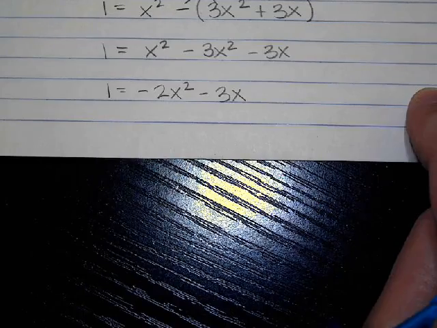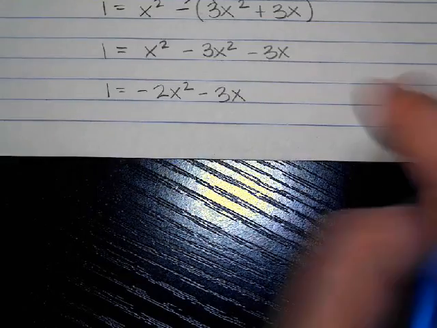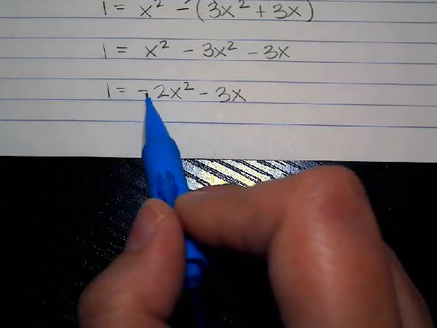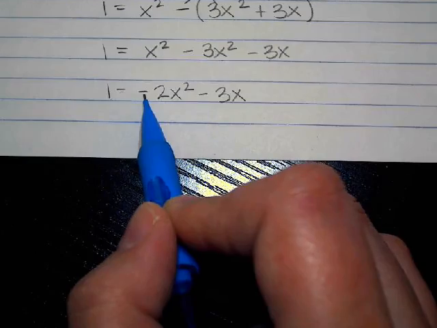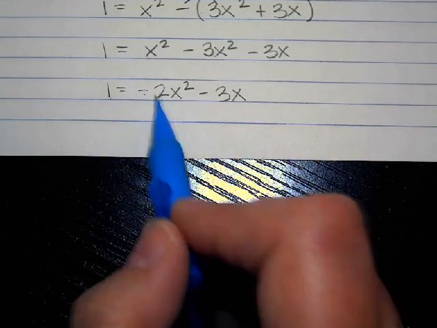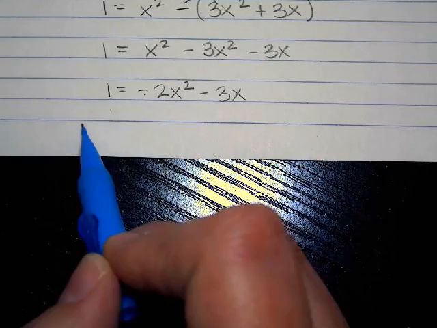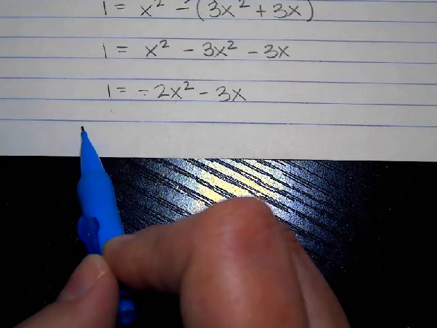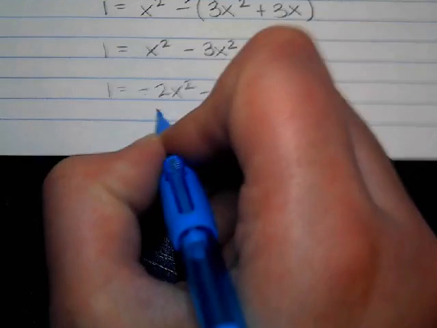So how do we solve a quadratic? Yeah, so if you subtract the 1, you're going to have a negative in the front, which means you're going to have to factor out the negative. Or if you want to not deal with the negatives, you can add these over to the other side so you don't have to deal with the negatives. What would you guys like to do? Okay, so we'll add these over to the other side so we don't have to deal with negative coefficients.